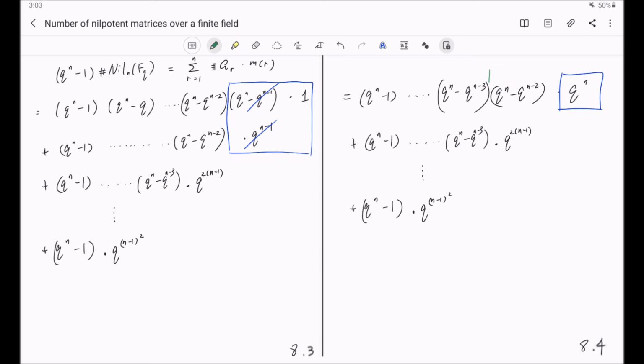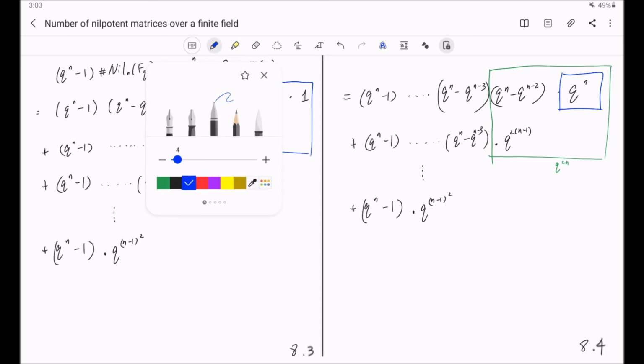And I told you to look at this part. When you add up those two parts, you will get that this part cancels with this product. It's negative q raised to the power n minus 2 times q raised to the power n. So this gives you, in the end, q raised to the power 2n.